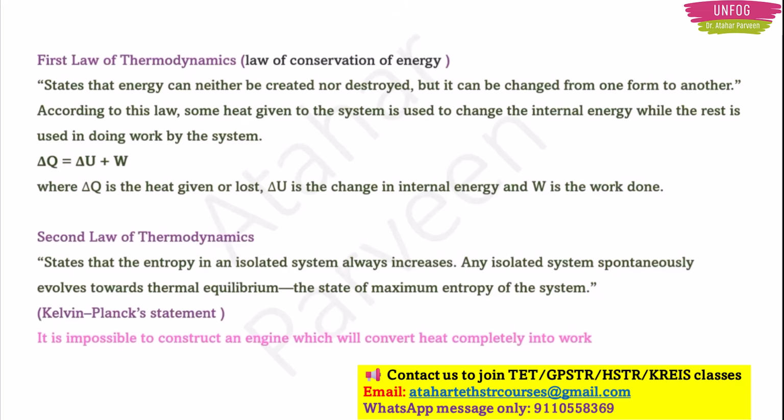This Kelvin-Planck statement talks about the same thing, about entropy only. But they have taken the example of a heat engine. They have said that it is impossible to construct an engine which will convert heat completely into work. It is not possible, right? Heat cannot be completely converted into work. It has to be wasted or it has to be used somewhere else also. So this is known as the Kelvin-Planck statement. This also comes under the second law of thermodynamics.